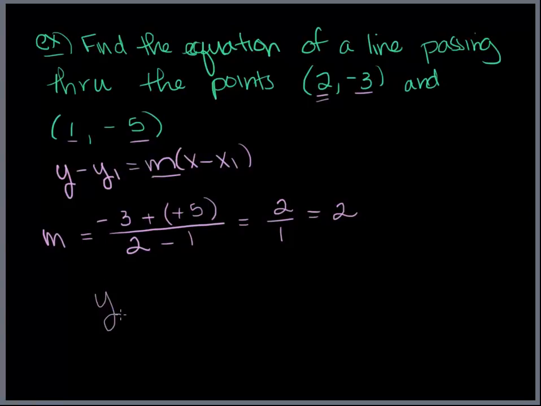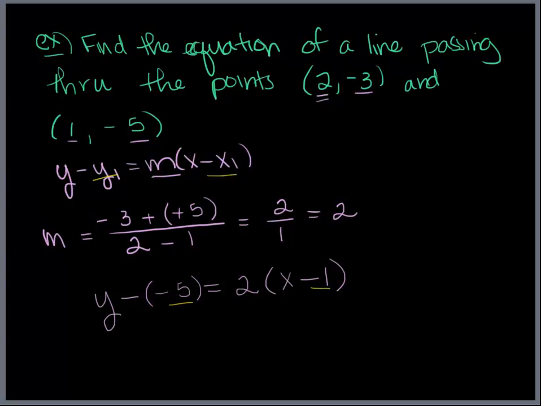So I'm going to do y minus, doesn't matter which point you use, maybe -3 made you mad that day and you don't like -3, so you decide to use -5. Does not matter, you can use any point on the line, that's the beauty of this form. All times 2 x minus, now I am forced to use the corresponding x value that went with that -5. So if you notice, this -5 right here corresponded to the y1, and this -1 corresponded to the x1.